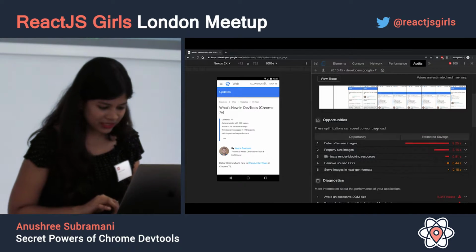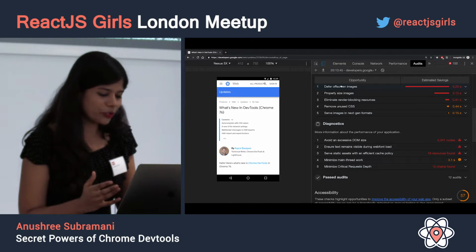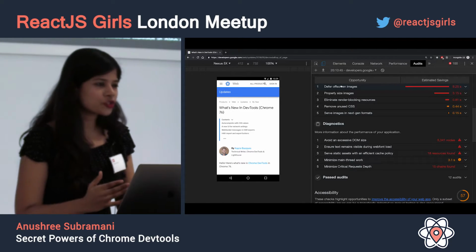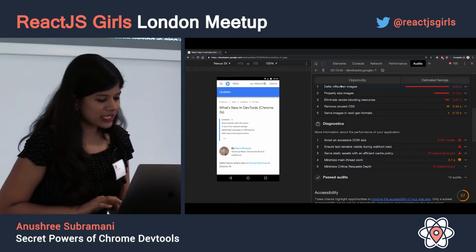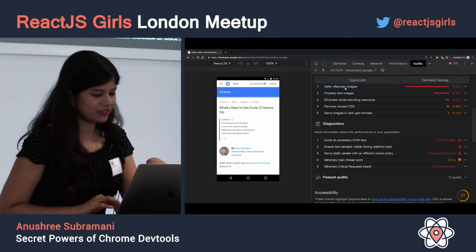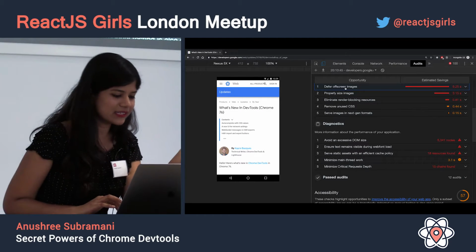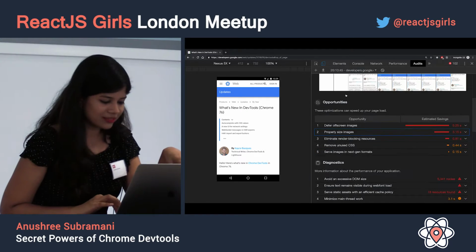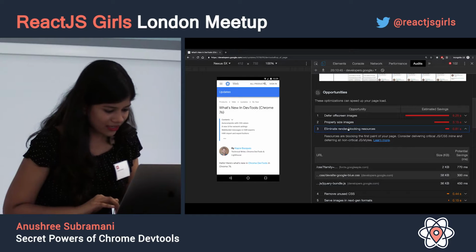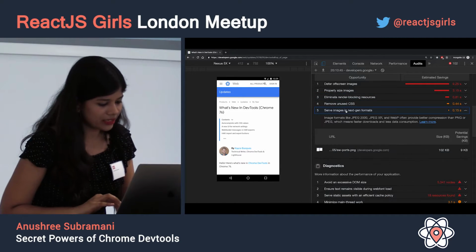The best thing about the audit report that you see right here is that it is so human friendly. You can be a beginner and still understand what these errors mean, like defer off-screen images. It kind of makes sense, right? Of course, these terms are a bit jargony, but the hints that you see right here are pretty human understandable.